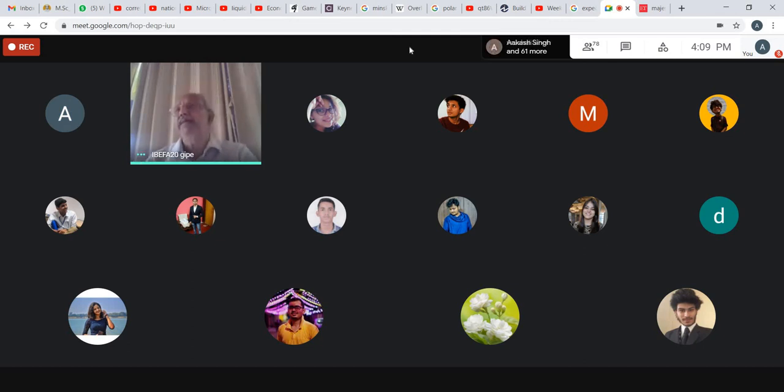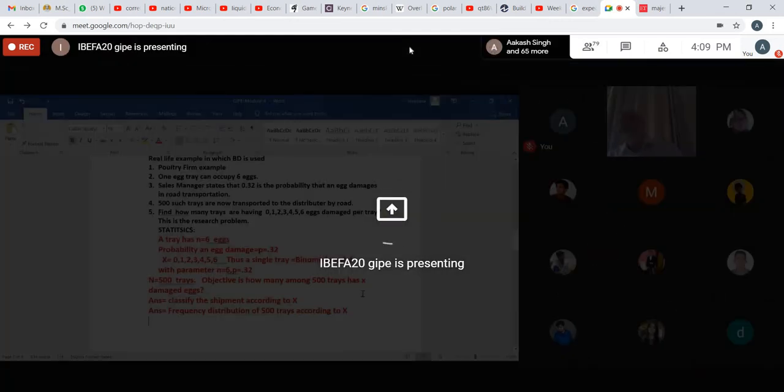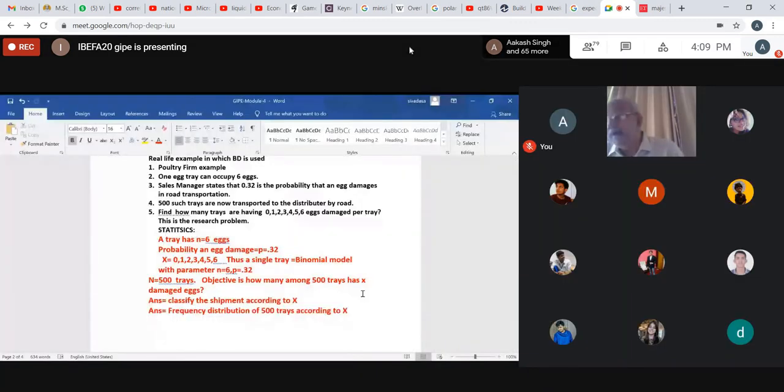Any example you take, it cannot be decimal. Probability is decimal, but the real values are not decimal. But the height of a student is not discrete. Rainfall per day is not discrete. Temperature per day is not discrete. Then what to do? There, binomial distribution is not possible.